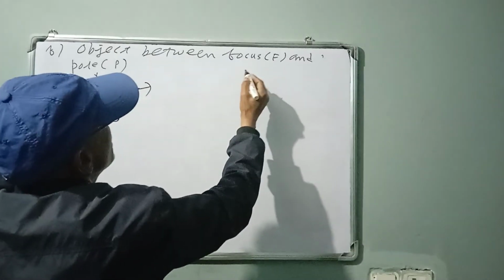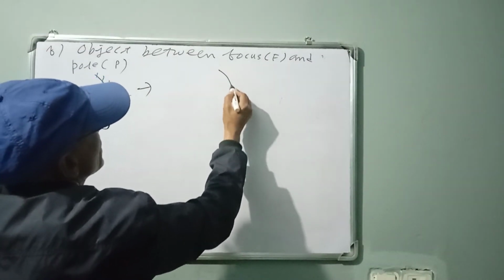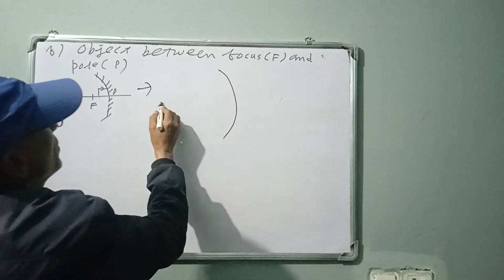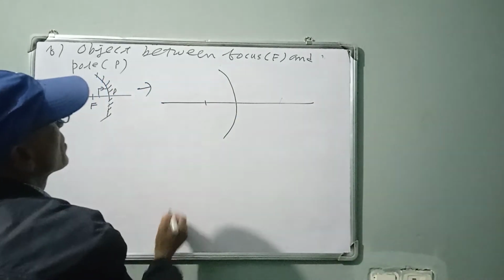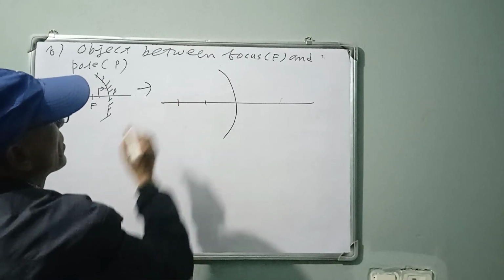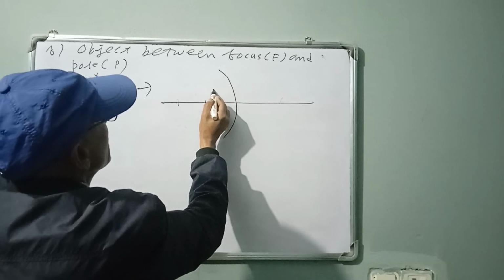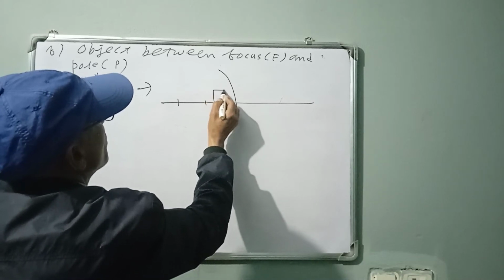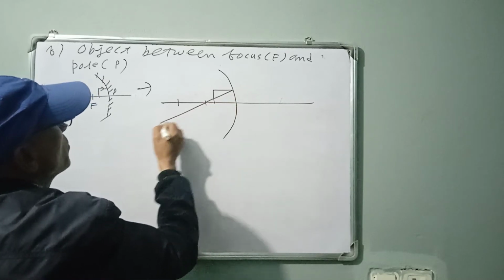How to complete it? First of all, you have to complete it this way. Concave mirror, principal axis, focus, center, just double. The object is here. A parallel ray passes through the focus.